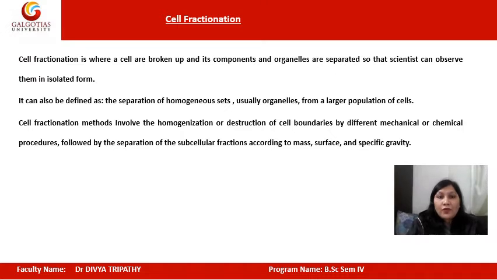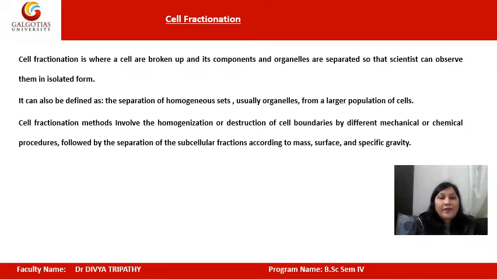So we have to make a homogeneous set of different types of cell organelles, so that the microbiologist or the scientist can study the cell organelles in their isolated form. So cell fractionation can be understood as a process in which a cell is broken up and its components and organelles are separated, so that the scientist can observe them in their isolated form.